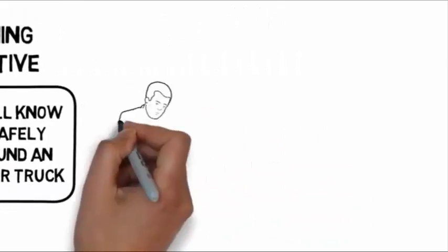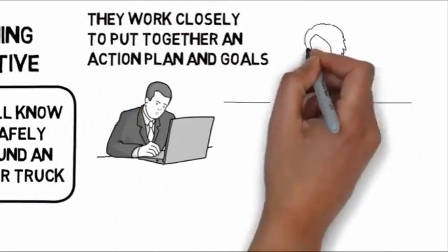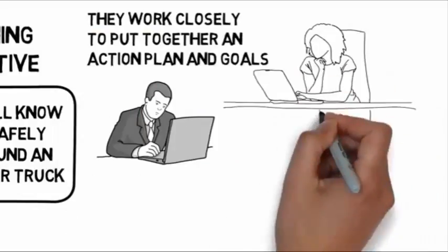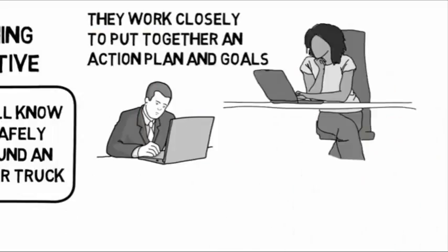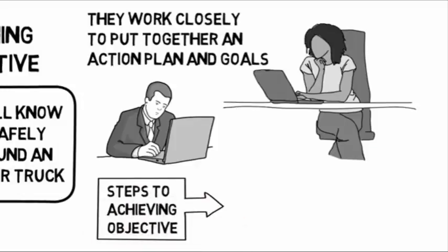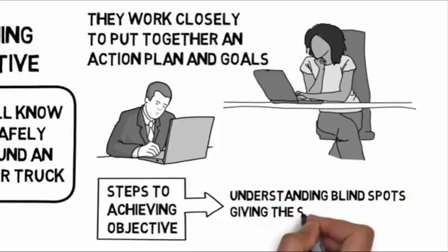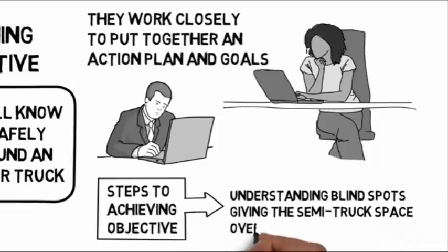Mr. Harrison, John, and his team of instructional designers work closely with the subject matter experts to put together an action plan and goals. They agreed there are 3 steps to achieving the desired goal for the training module. They include understanding blind spots, giving the semi-truck enough space, and overtaking a truck on the left side.